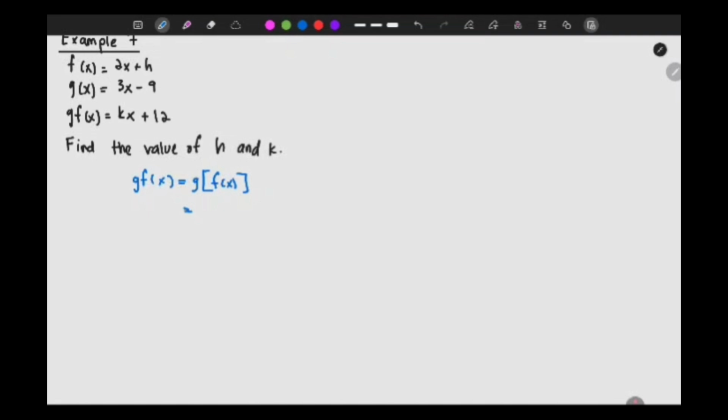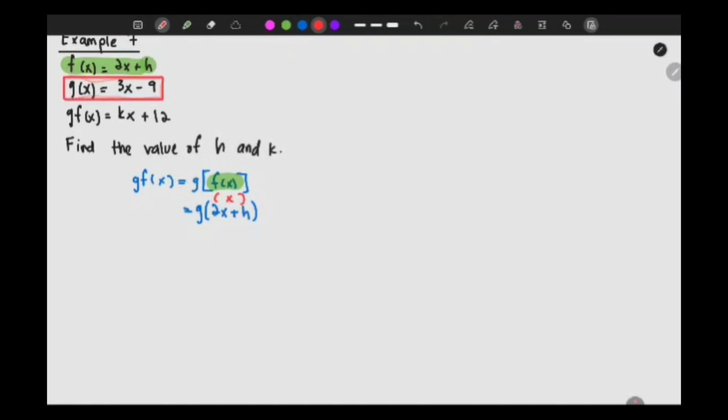And I did tell you, whatever is inside the bracket, assume it as x. It's like g(x). Can you see? So what's your g(x)? This is your g(x). 3x minus 9. So 3 times your x, and you minus 9. What is your x? 2x plus h.